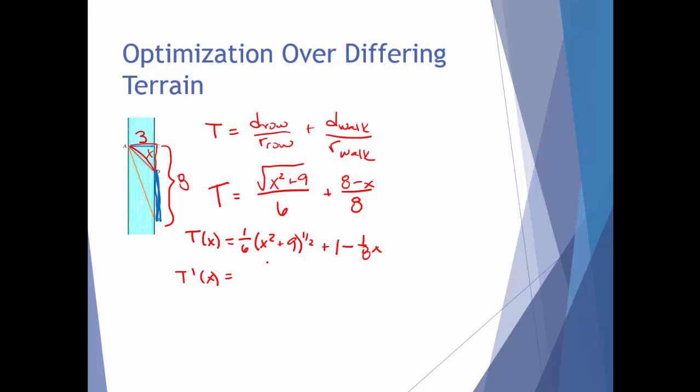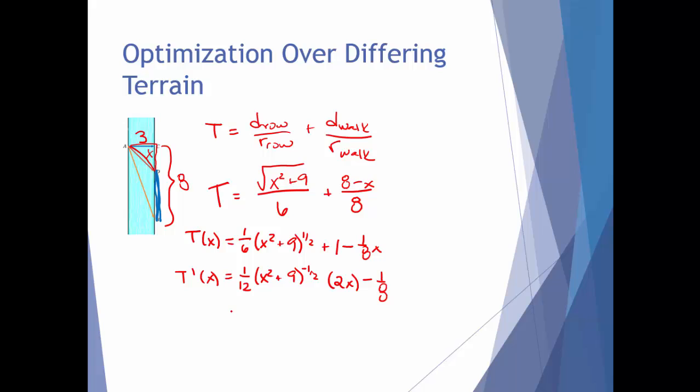So I'm going to drop the 1/2; 1/2 times 1/6 gets me 1/12. Here comes chain rule. That's (x squared plus 9) now to the negative 1/2 times the derivative of the inside function, which is 2x. The derivative of 1 goes to 0, and then the derivative of the last term is negative 1/8. So we're going to take this and set it equal to 0.